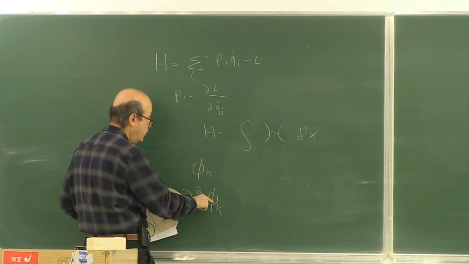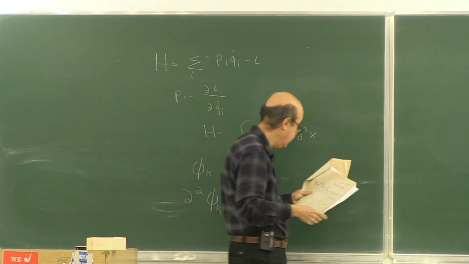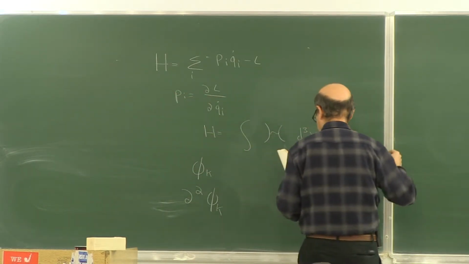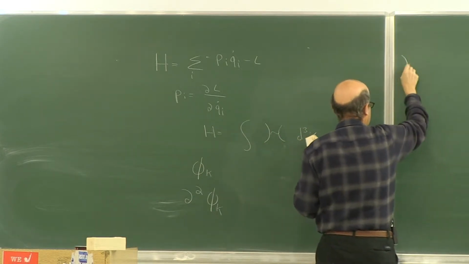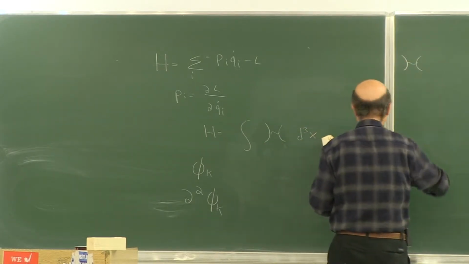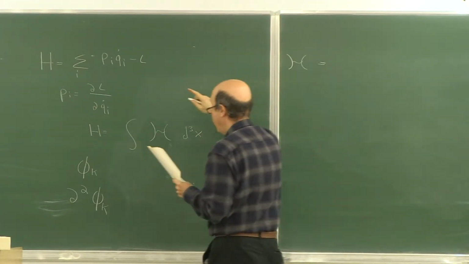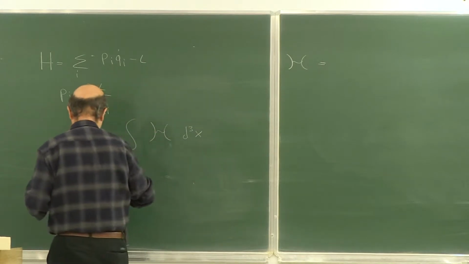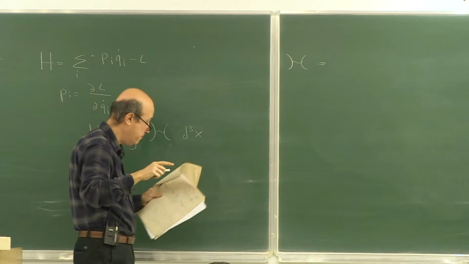So k could be 1, 2, 3 and so on. So the analogy between the Hamiltonian and the Hamiltonian density could be the following. Suppose that this is the Hamiltonian, and instead of particles we have fields for a given space and time.